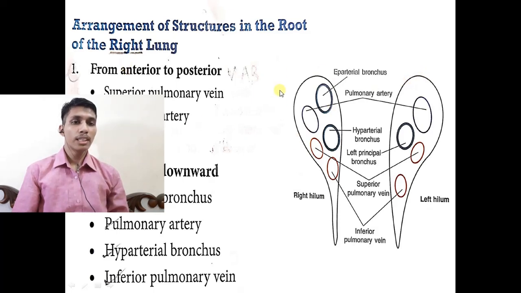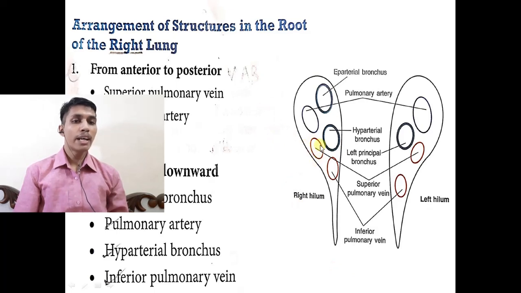In this slide we study the root of the right lung only. From anterior to posterior, meaning front to backward: this is the anterior, this is the posterior, this is the superior and this is the inferior.